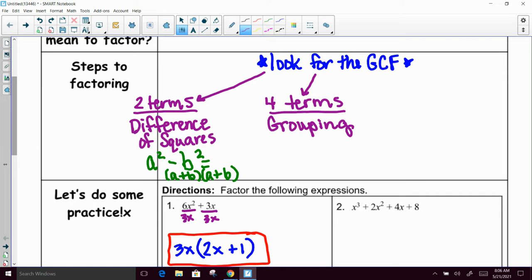All right, I don't have a GCF of all 4 terms. Grouping is where we do our 2 groups. What is the greatest common factor of my first group? What do they both have in common? Well, they both have an x squared.